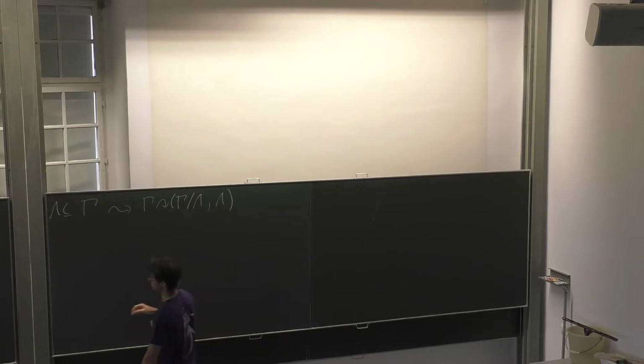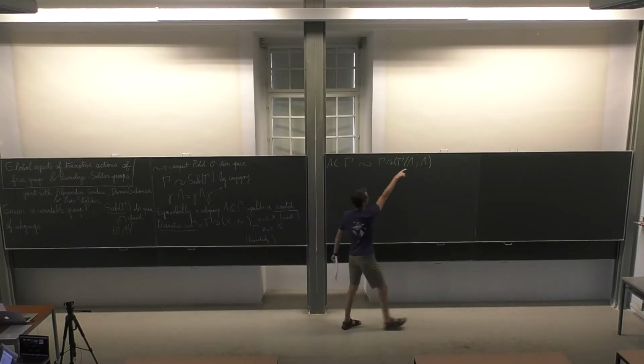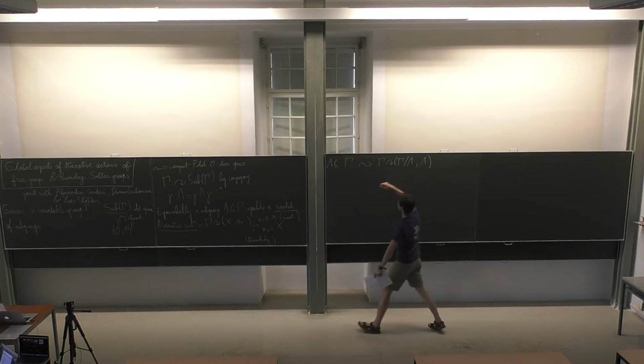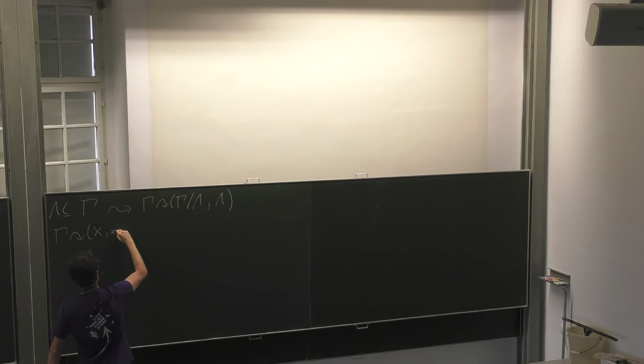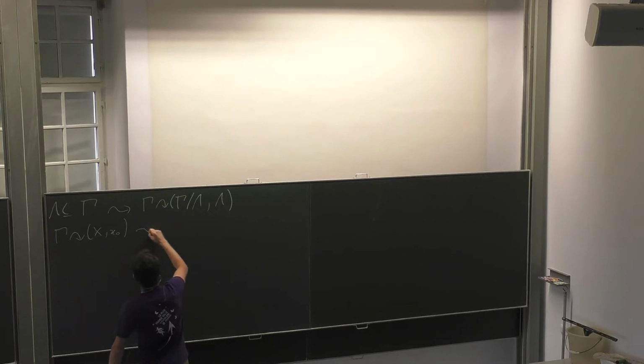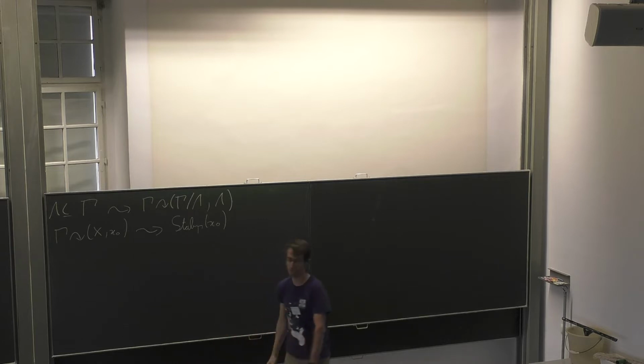Okay, so this takes me from subgroups to rooted transitive actions. The other way around, if I'm given a rooted transitive action, I can consider the stabilizer of my base point x0.